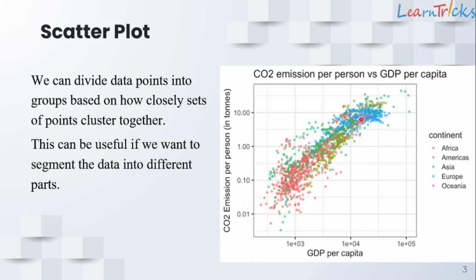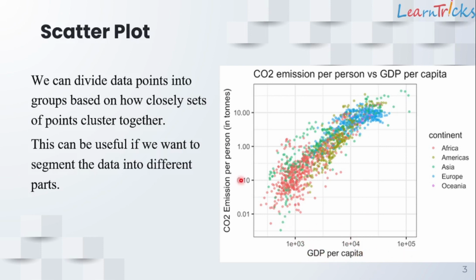Now here are lots of points with different colors, and the color shows the continents on earth. That is, the pink one shows Africa, another one shows the Americas, then Asia, Europe and Oceania, right? The GDP per capita axis runs 1 times 10 raised to 3, 10 raised to 4 and 10 raised to 5.